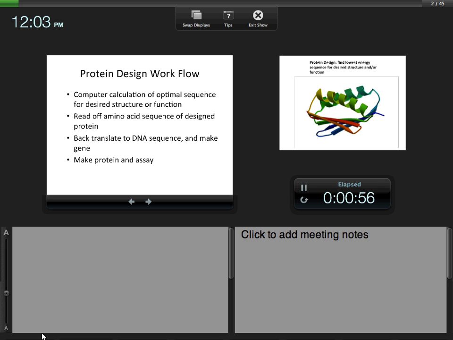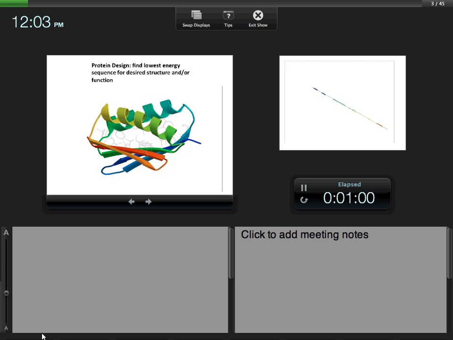All right, so how do we design proteins? Well, the simplest possible protein design calculation is taking a protein backbone and doing a search over all possible sequence space. I mean, there's a lot of possible sequences. We search for the sequence which has the lowest energy when it's in this structure.